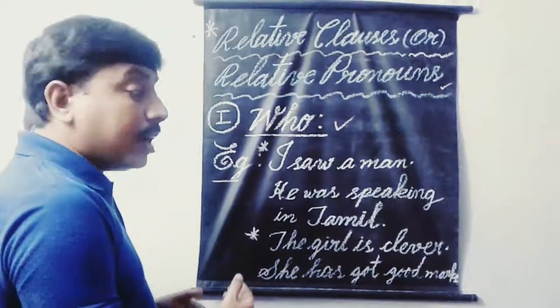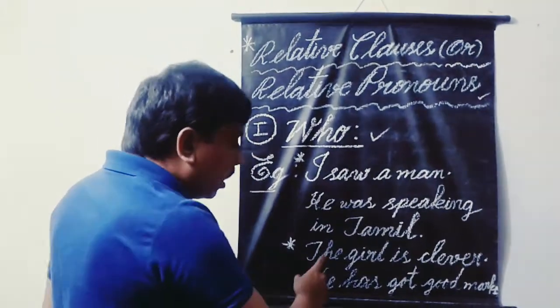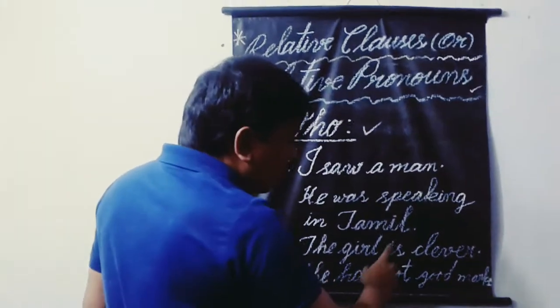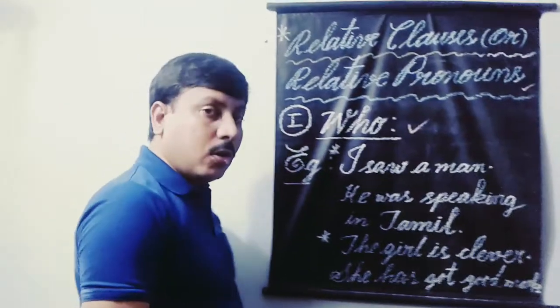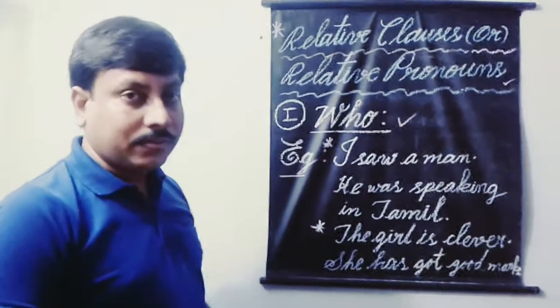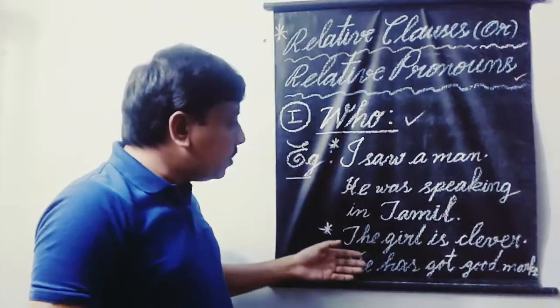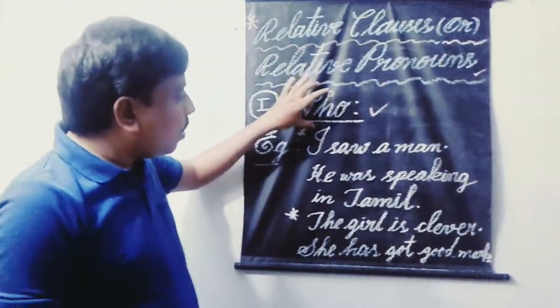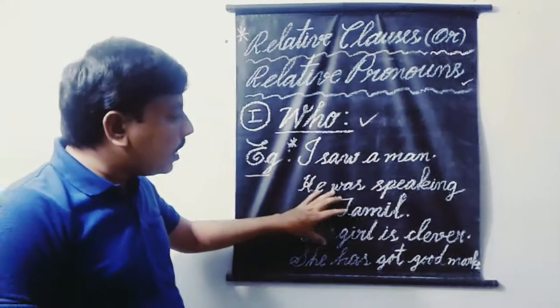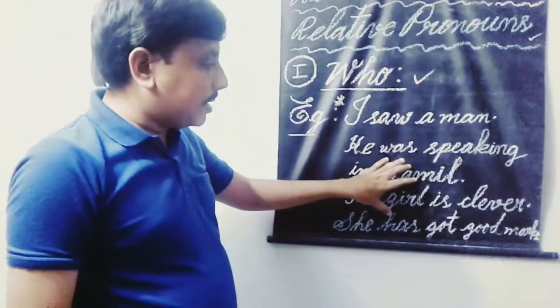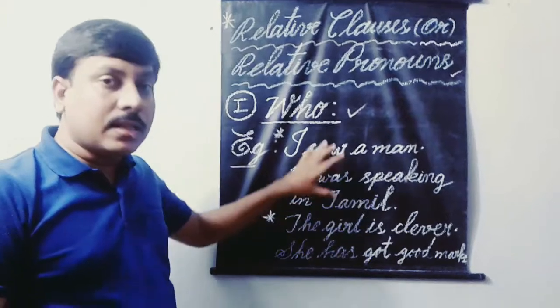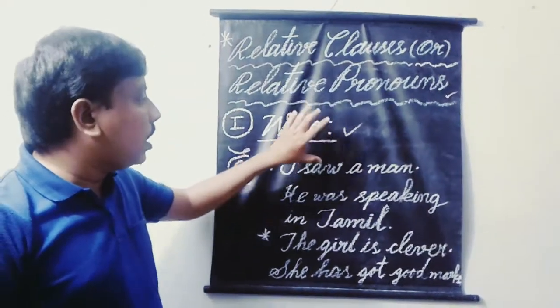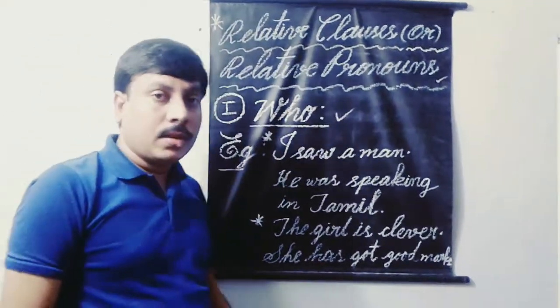Or you can say in another way, the girl who is clever has got good marks. Both answers are correct. In such a way, you can use the relative pronoun who in order to join two sentences into one.